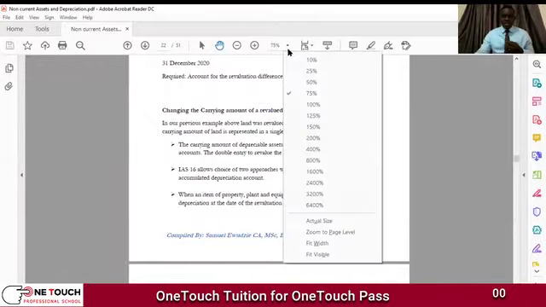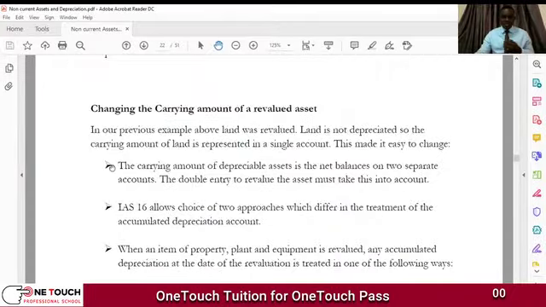In the examples we just looked at, land was revalued and land is not depreciated. So the carrying amount of land is represented in a single account. This made it easier to change. The carrying amount of depreciable assets is the net balance from two separate accounts. That's a double entry to revalue assets that takes this into account.